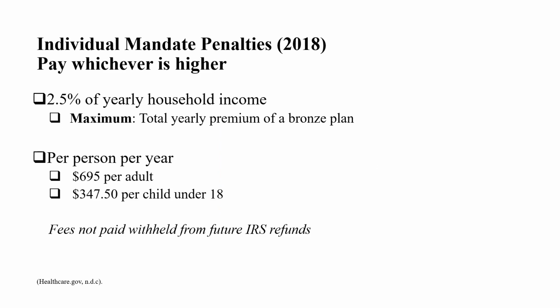Back in 2018, and I'll stop at 2018 because of something that occurred in 2017, the penalty equaled about 2.5% of the yearly household income, with a maximum of the total premium of a bronze health plan. And we'll learn about bronze health plans shortly. What that would equate to is about $695 per adult, and for children about half that.